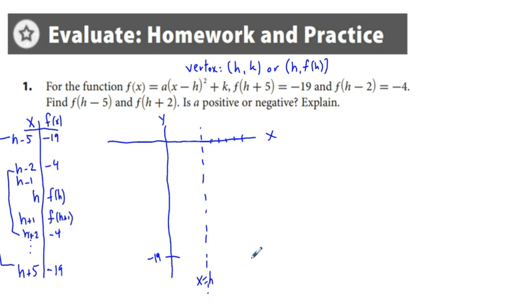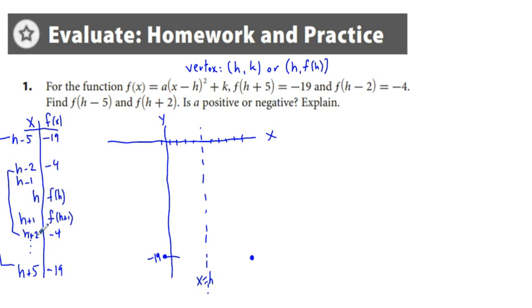So we'll have this point here. And because of symmetry, for f of h minus 5, we go to the left 5, 2, 3, 4, 5. We're also going to get negative 19. So we know those 2 points.